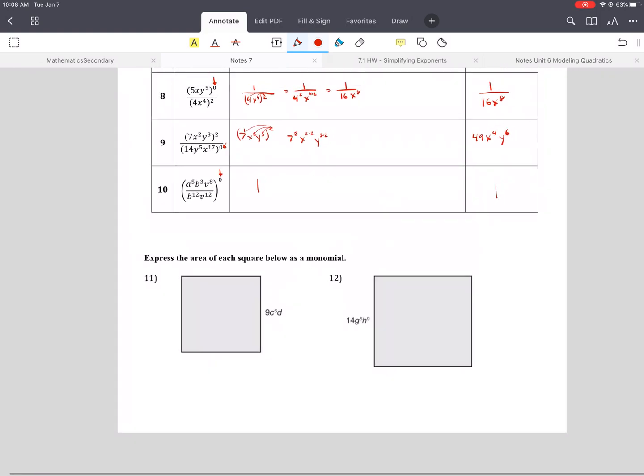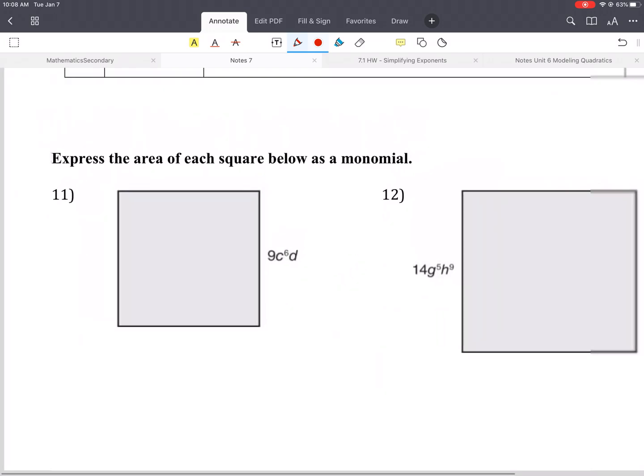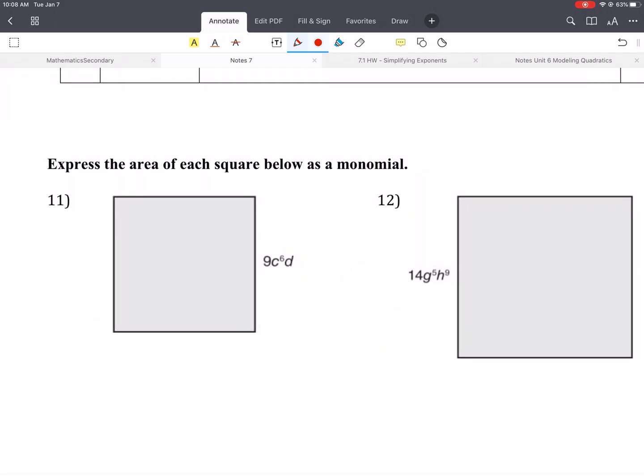Okay. And the last two problems, express the area of each square below as a monomial. Okay, so monomial is a single term. Okay, so basically the area of a square is something like s squared, where these are all the same sides, something like that.